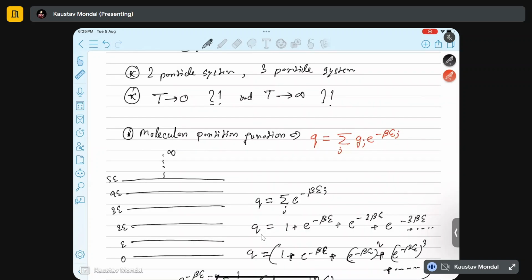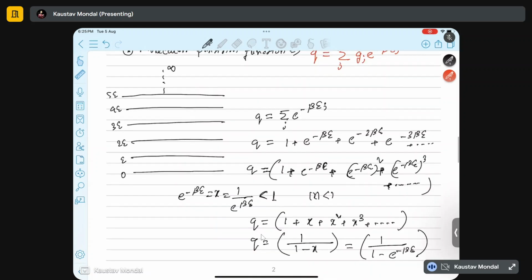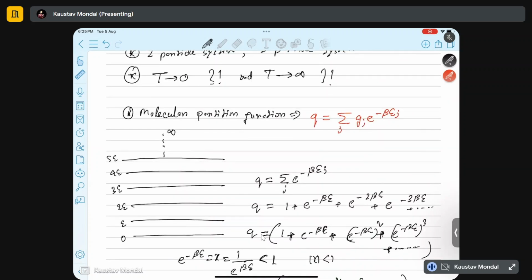We will do some mathematics on this. This is called a uniform ladder of energy levels.